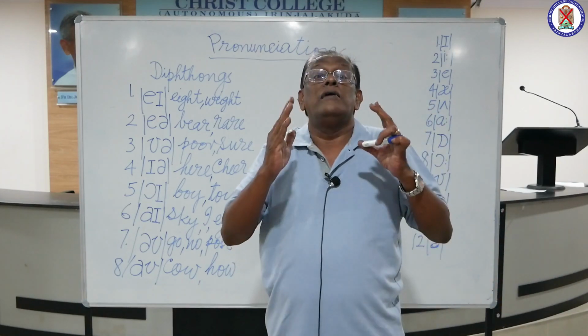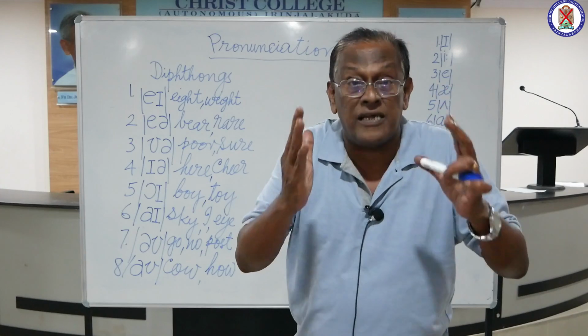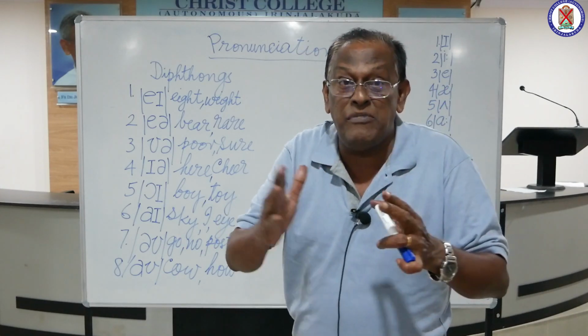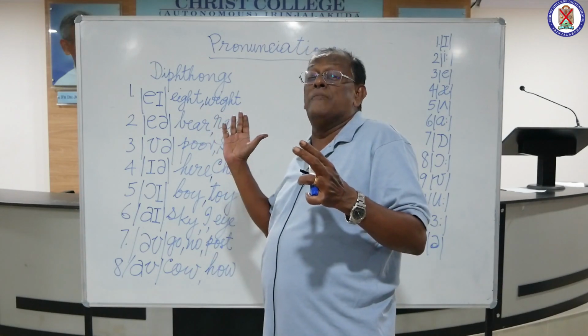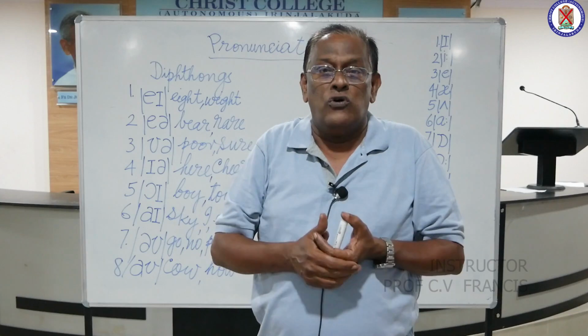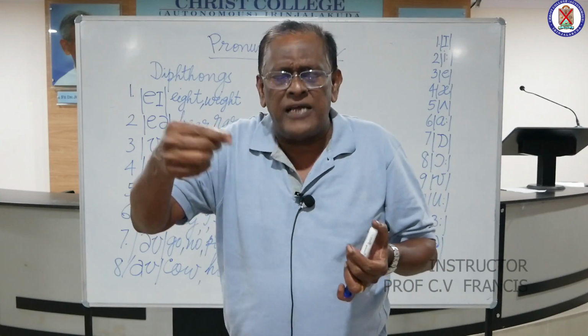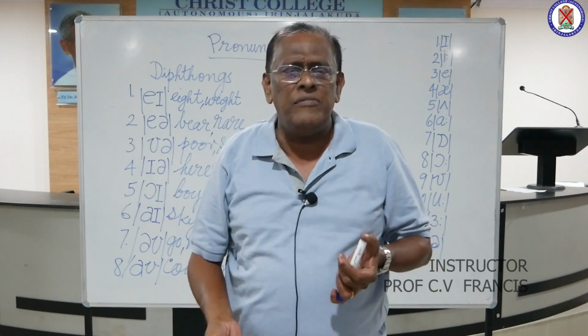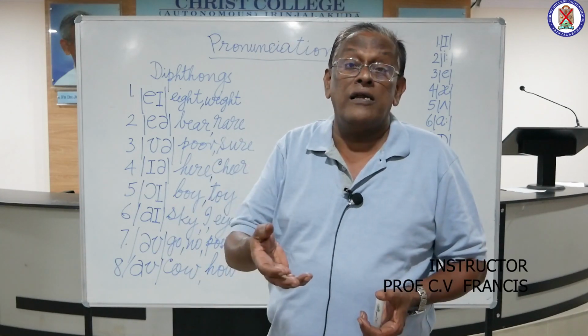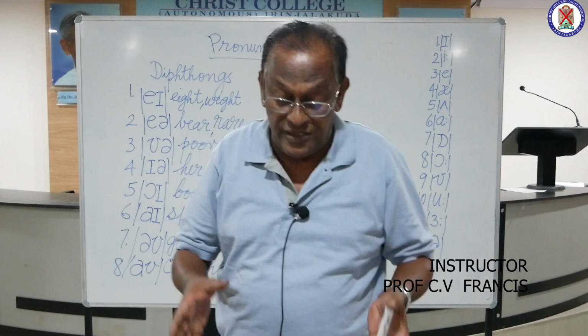So when I ask you to transcribe a word, after I introduce the consonants also, you will be able to transcribe any word using phonemic symbols. We'll do that in our next session when we deal with the consonants.